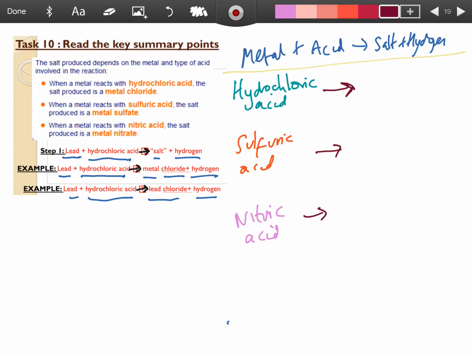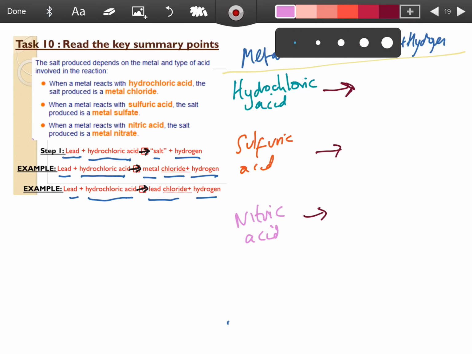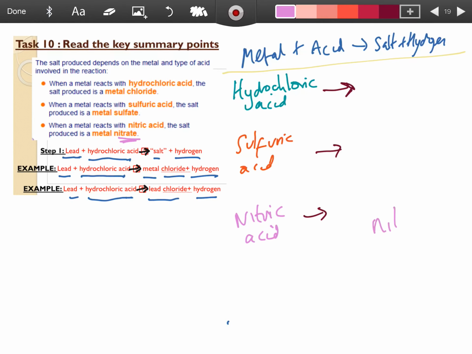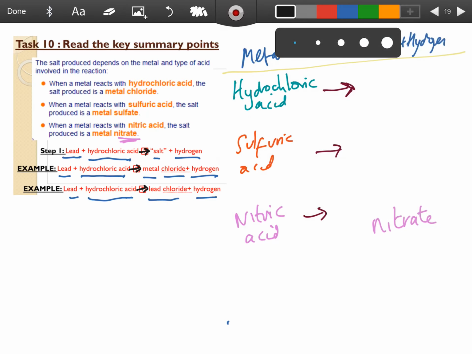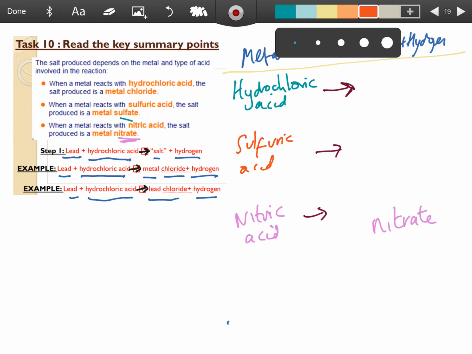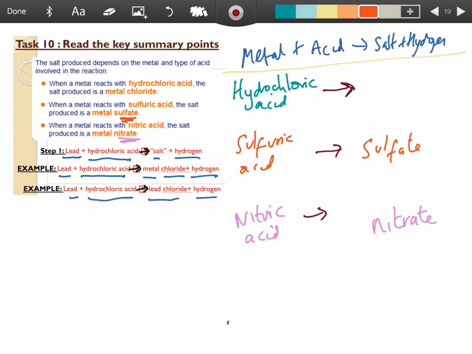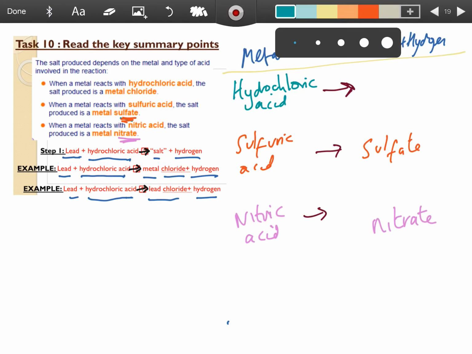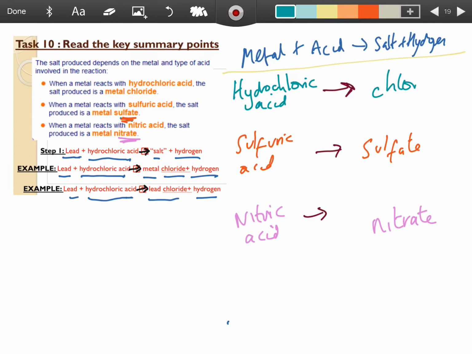So for example, the name of the salt for nitric acid is nitrate. The name of the salt in sulfuric acid is sulfate. The name of the salt in hydrochloric acid is chloride.